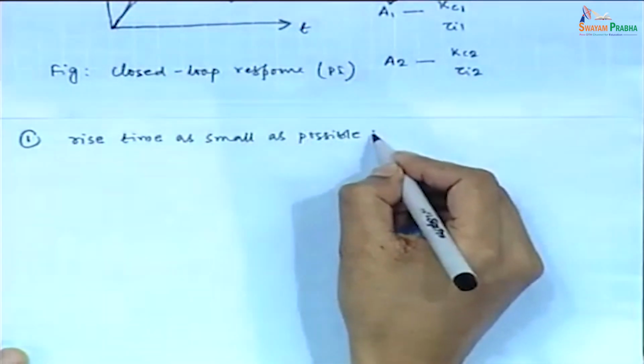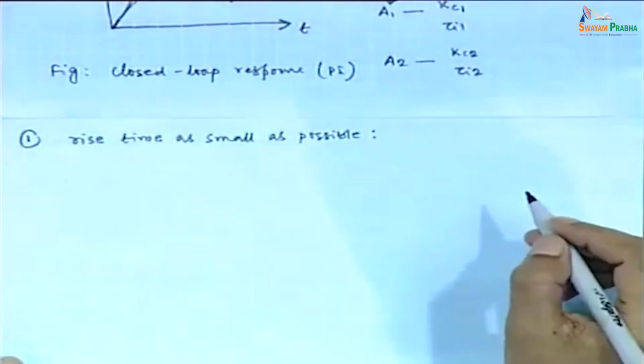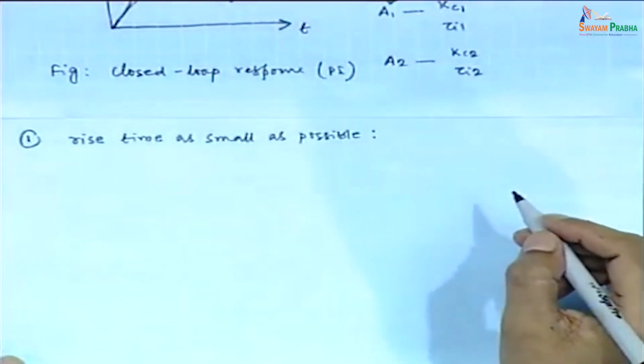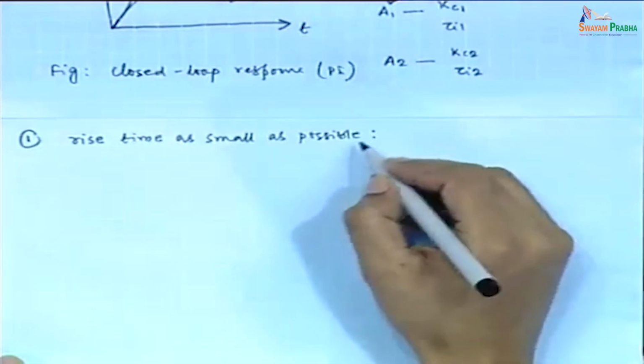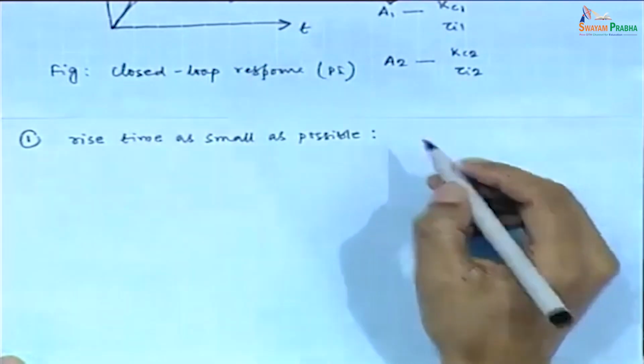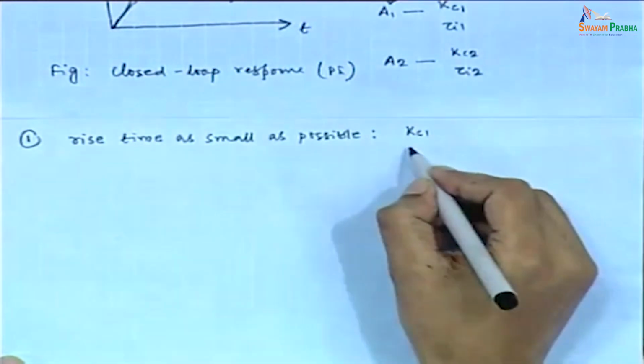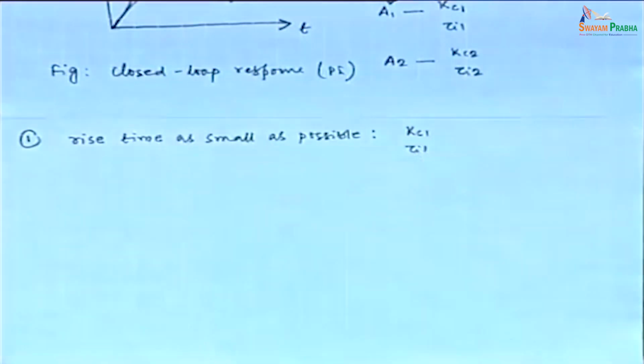This is our target. So, which tuning set will we prefer? Kc1 and tau y1. So, if we need to keep the rise time as small as possible, then we will prefer the tuning set corresponding to A1. I mean we prefer Kc1 and tau y1.